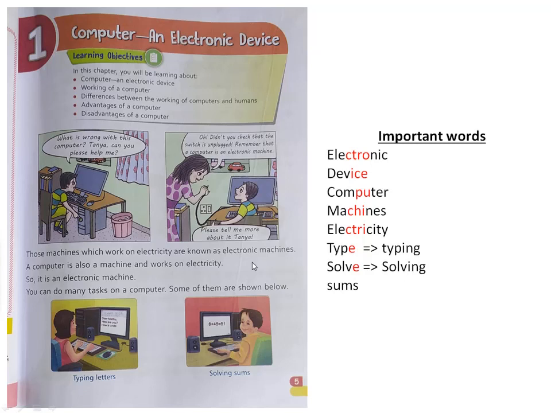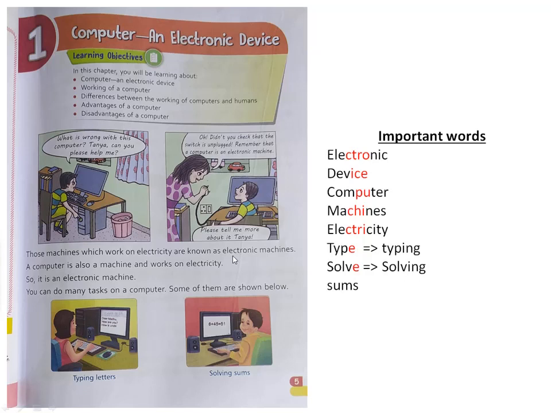Not all the machines which are working on electricity are called electronic machines. Some machines need high power of electricity, like washing machine, fan.